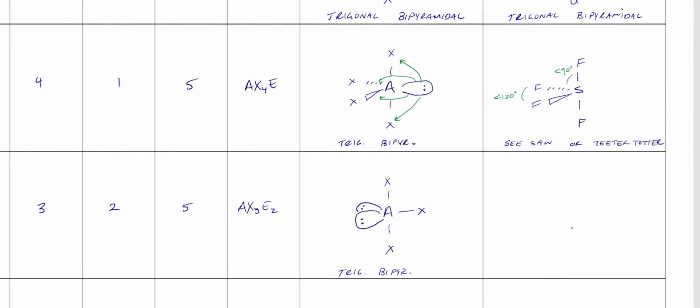And in this case, I have my chlorine, and then I've got my fluorine here, my fluorine here, and my fluorine here. And as a result, this one right here is going to have a less than 90 degree bond angle, right? And this is actually called T-shaped.